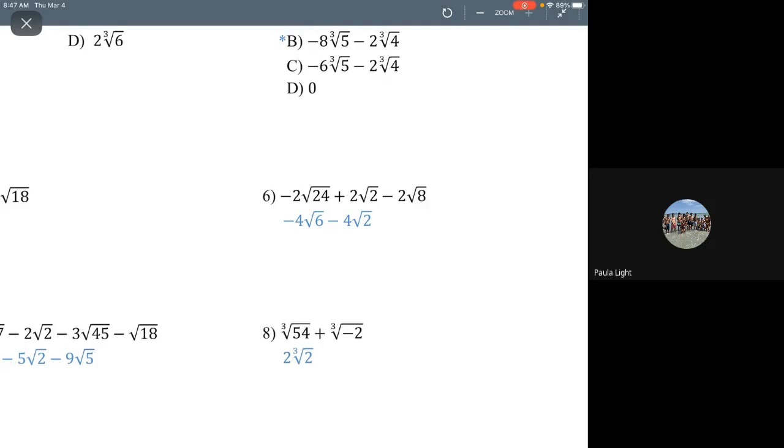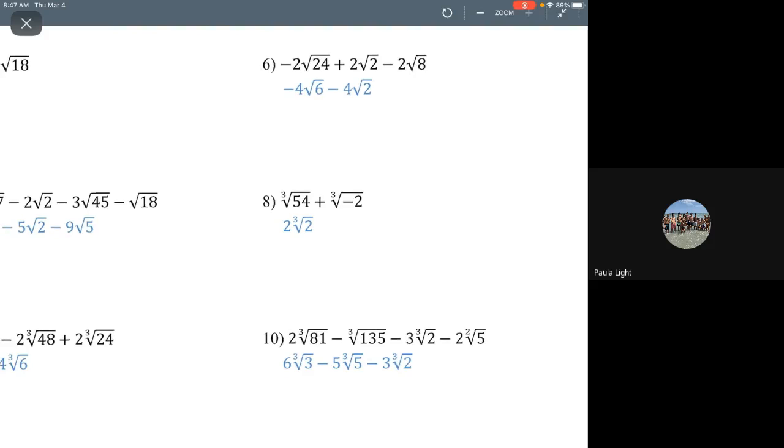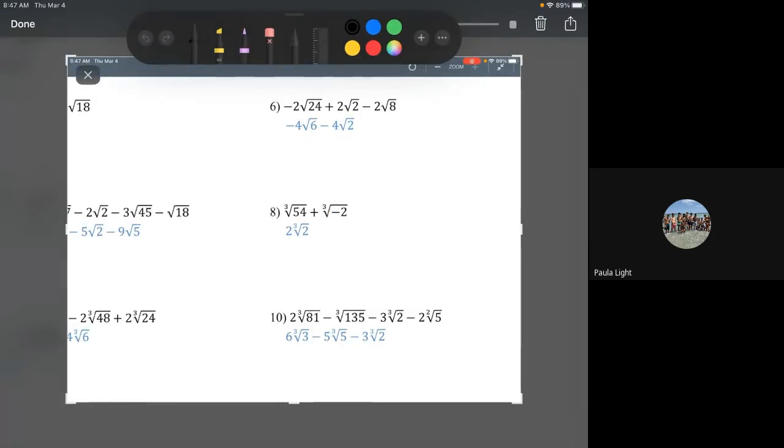So let's break down 24 again. We did it just a couple minutes ago. They've given us the answer, but we're going to break it down and show our work. All right, so 24 broke apart as what? 6 and 4. 4 is a perfect square, so that 2 comes out. Now don't forget, we got a -2 out there.